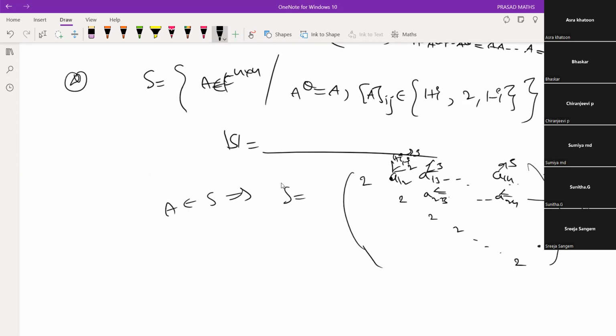Going on, the last one, A(n-1)n, has 3 choices. So the total cardinality of S is 3 power n minus 1, times 3 power n minus 2, up to 3 power 1. That means 3 power (1 plus 2 plus 3 plus up to n minus 1), which is 3 power n(n minus 1)/2.